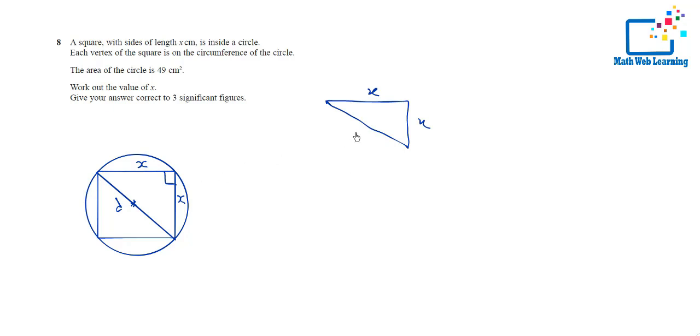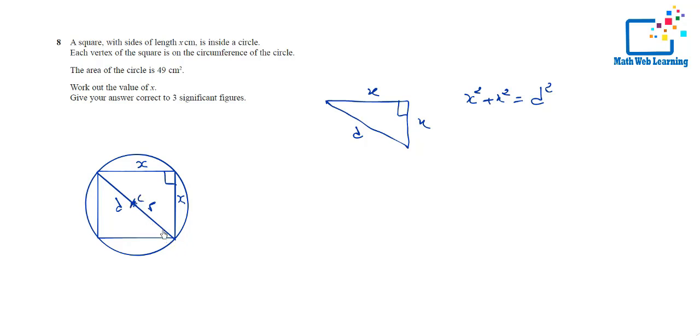Now the diameter, as you can see, is our hypotenuse, and this is the right angle, so we have x squared plus x squared equal d squared. In order for me to calculate x squared, I need to find d, the hypotenuse, and in order to find d, I need to find the radius, which is this one here. This is the center C.